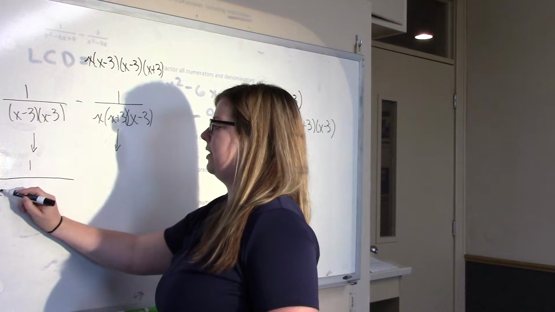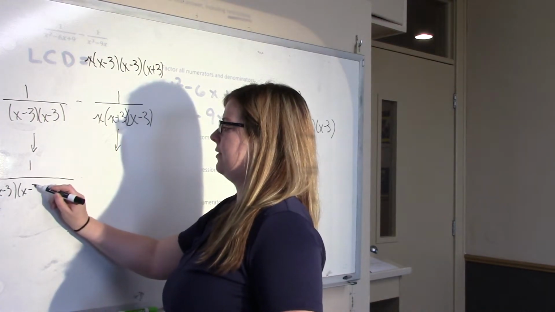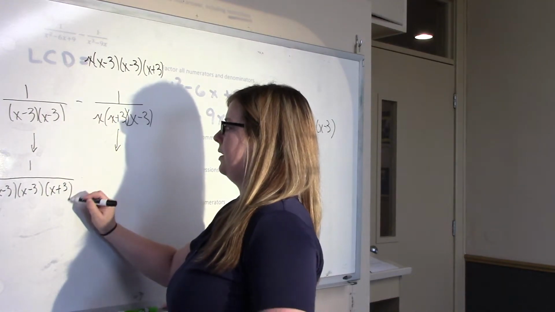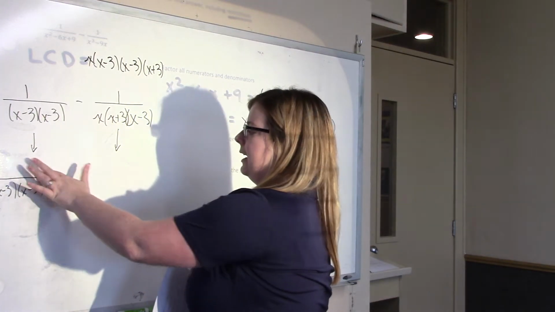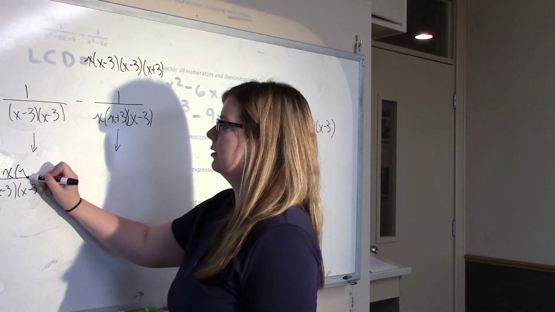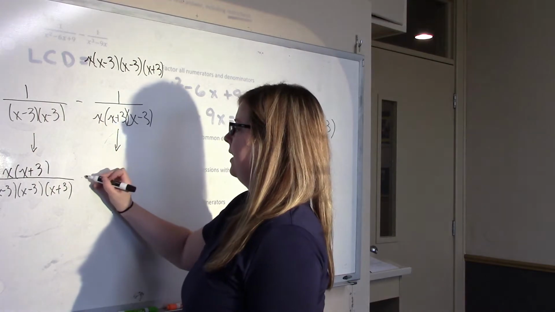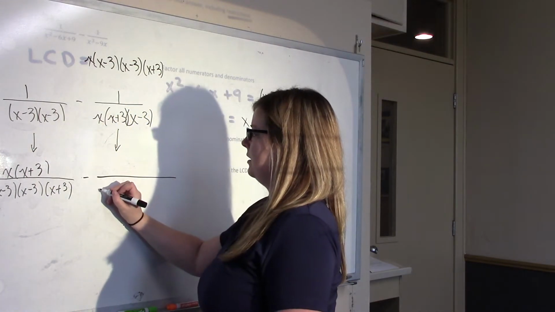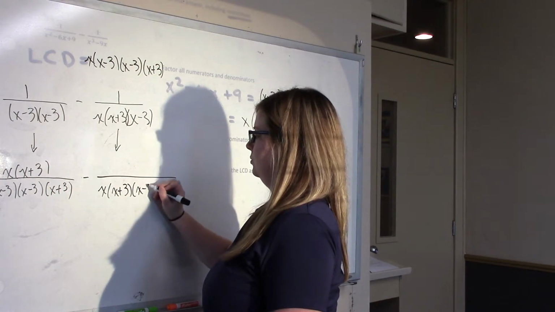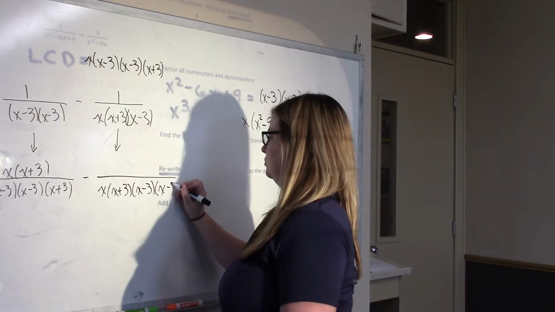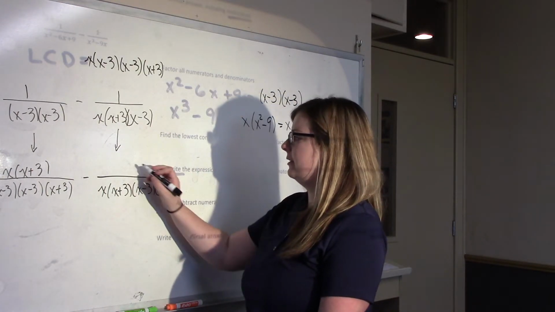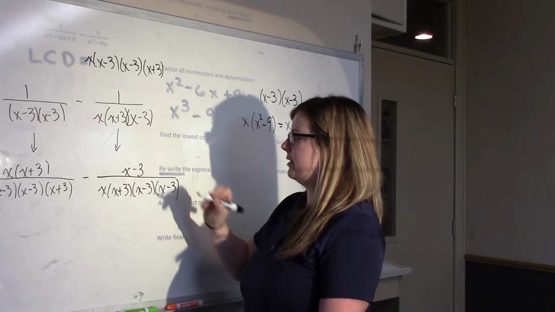So an x minus 3, an x out here, and an x plus 3. Okay, so I have to multiply the top by an x and an x plus 3. Okay, and this one I write the same denominator. Okay, so all I added here was another x minus 3. So I add the x minus 3.